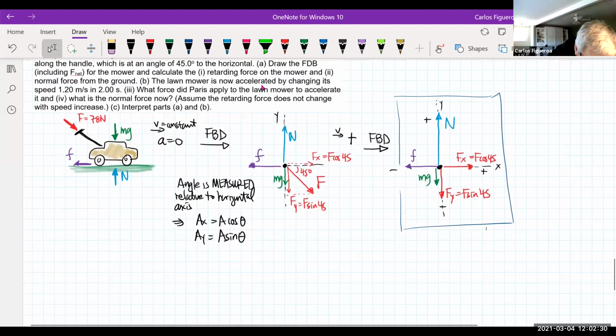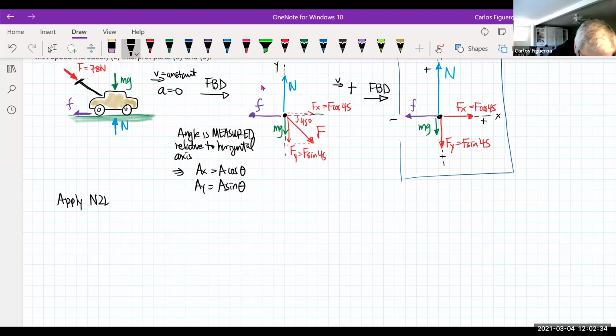So now we apply N2L. And here we go. The sum of the forces in the x direction. Look at my fx. It's positive in the red. So I'm going to write f cosine 45. And then look at friction.